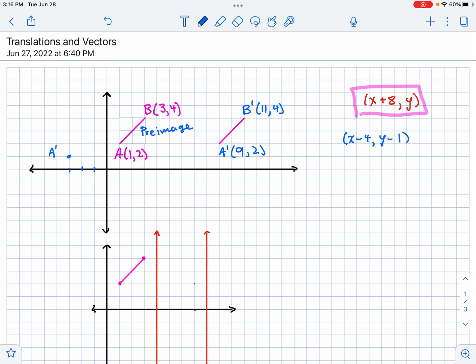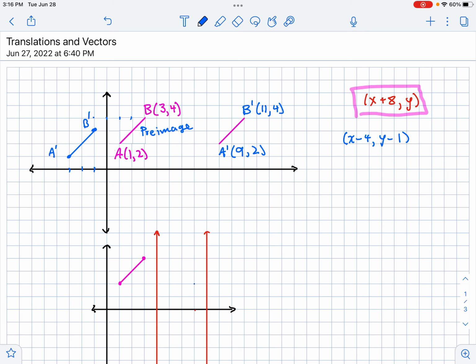Okay, so 3 minus 4 is negative 1, and then I take 1 away from the 4, and I get 3. So we're going to go to the left 4, so 1, 2, 3, 4, and then down 1. And this is our translated segment.